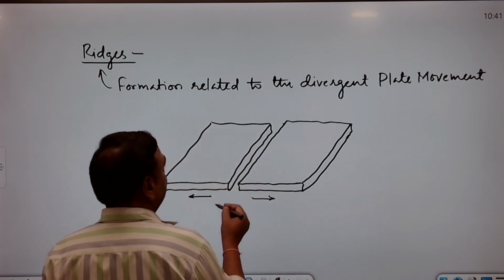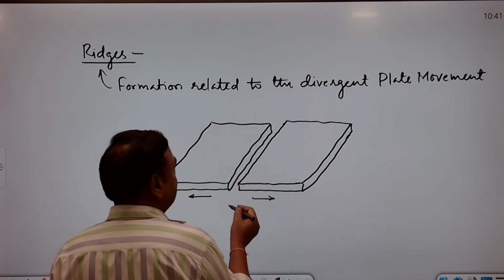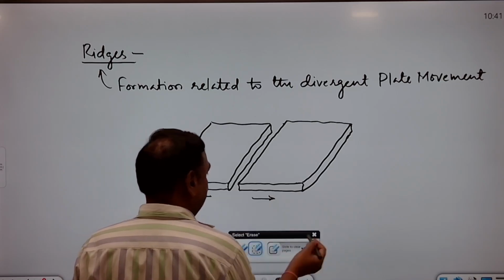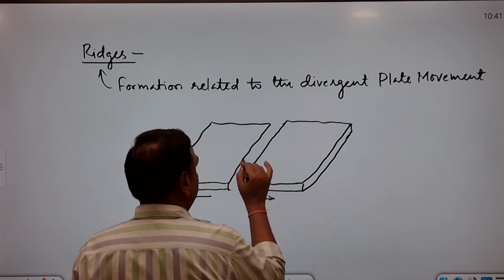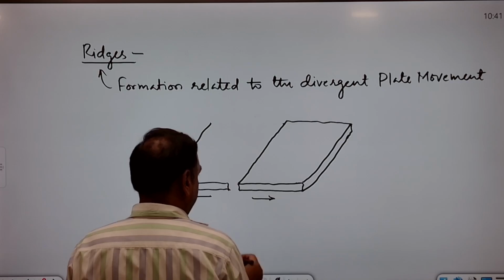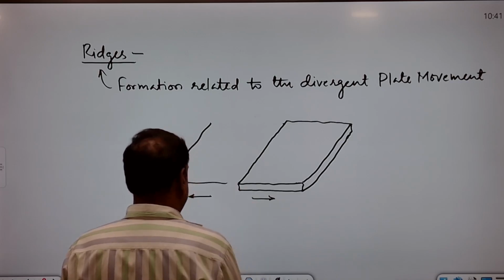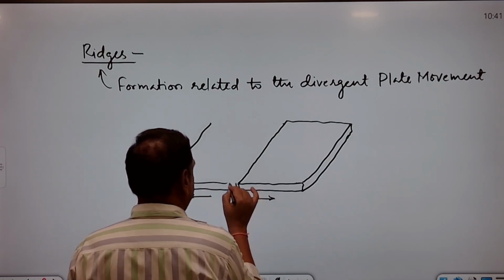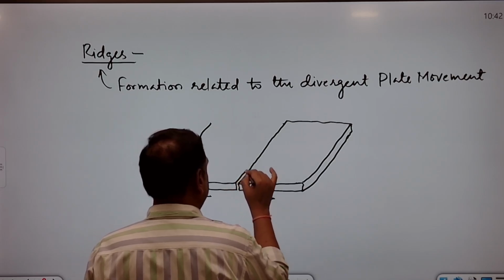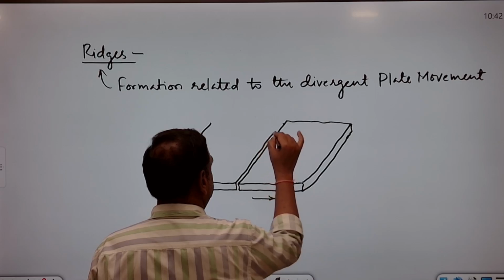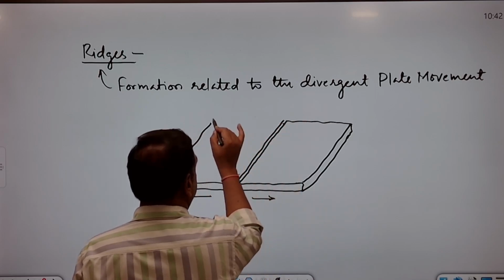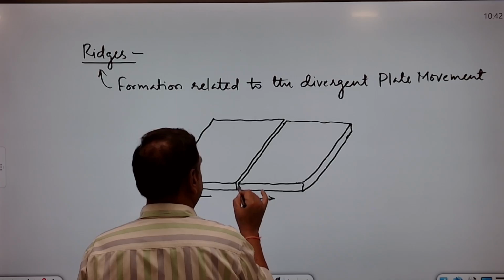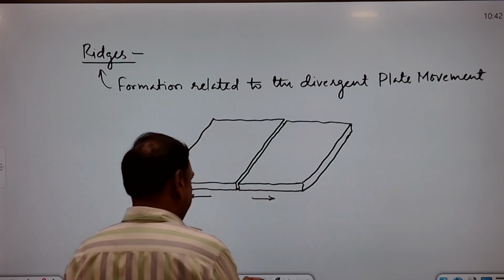Now if I say that these plates are nearer to each other, this one is the plate, and this one was, okay, the two plates are nearer to each other.